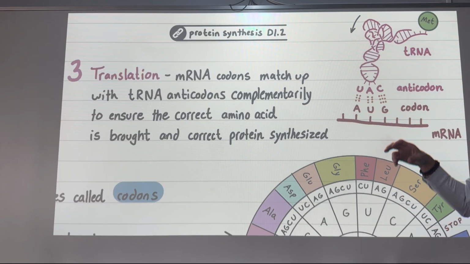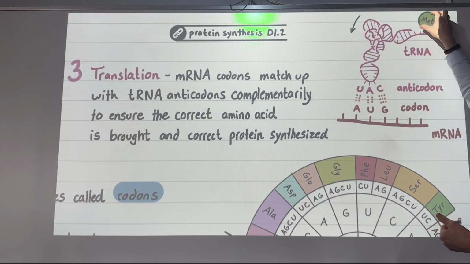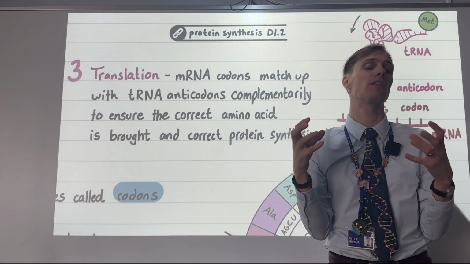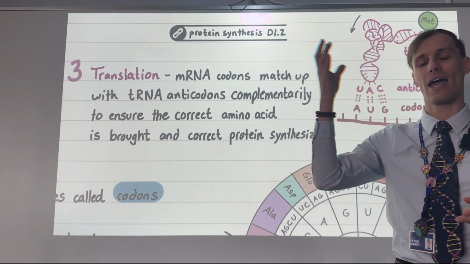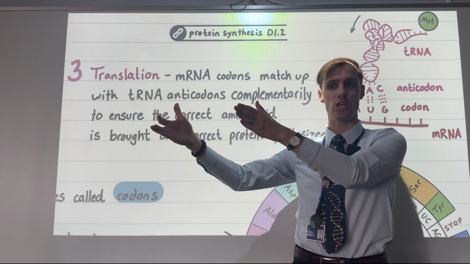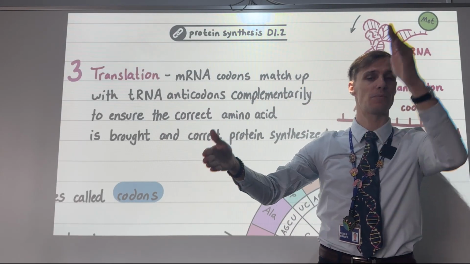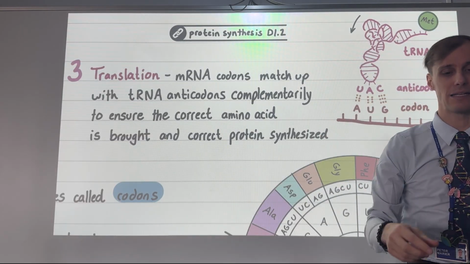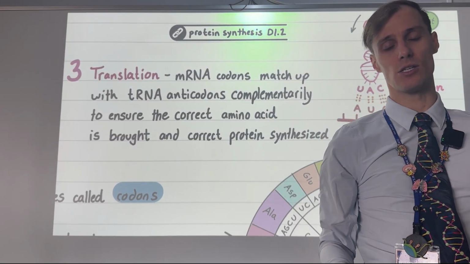This ensures that the correct amino acid is delivered to the correct codon, thus again conserving the code. So that code was conserved throughout a DNA gene to an mRNA transcript and now a polypeptide sequence. Complementary base pairing allowed all 3 of these processes to occur.